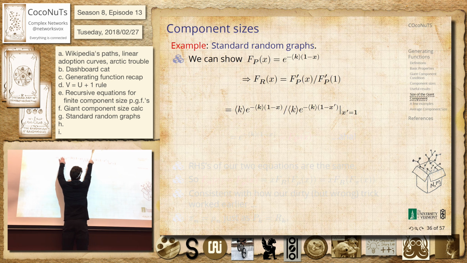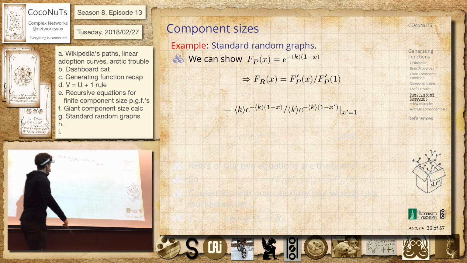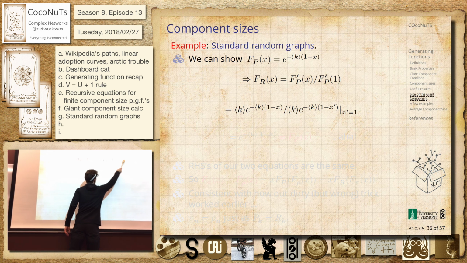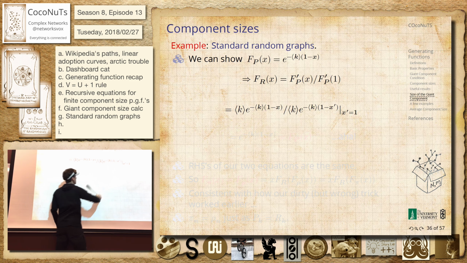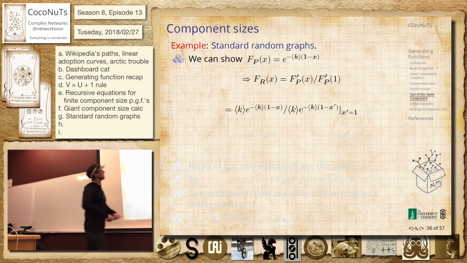That's the top, evaluated at x. And on the bottom, we have this thing. We're going to do the derivative, and then on the bottom we're going to set x prime equal to 1. And you can see what happens when you set x or x prime equal to 1. This is e to the 0, which is 1. Which makes sense. We go back here, right?